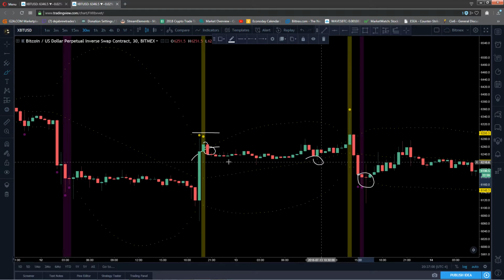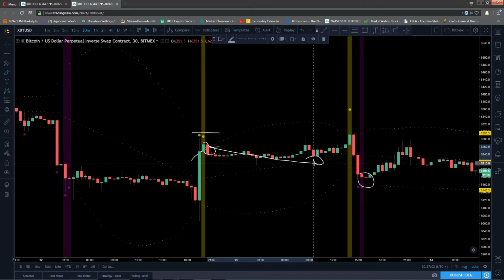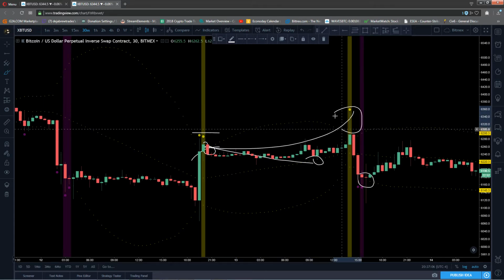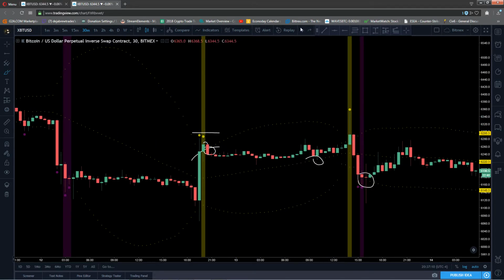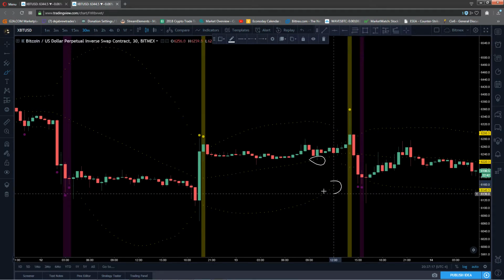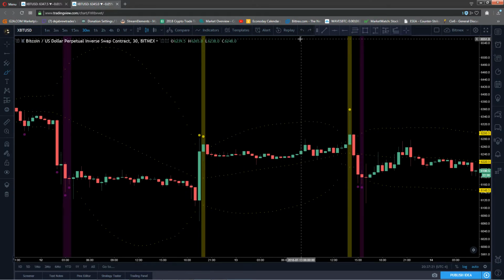If you would have targeted the mid band, this would have been a very, very small trade. If you would have targeted the bottom band, you would have actually lost this trade. Your stop loss would have got hit before your take profit. But when you take the bearish signals, you want to target the mid band or the lower band, depending on your risk tolerance, how you're taking the trade.